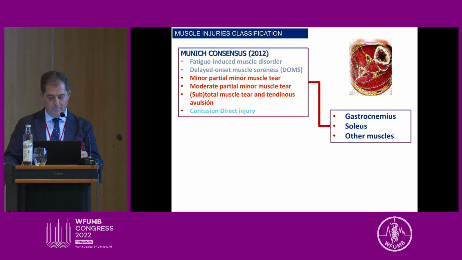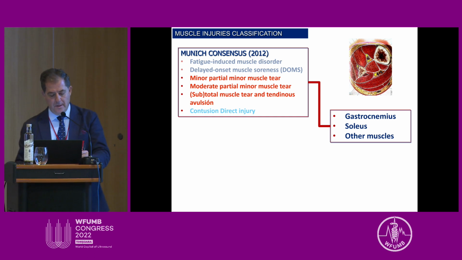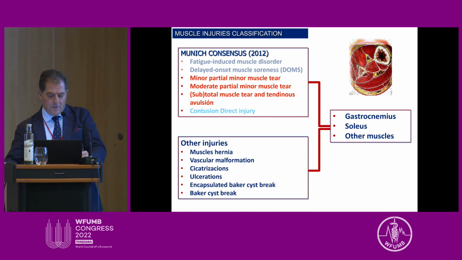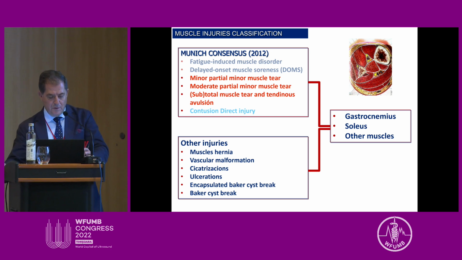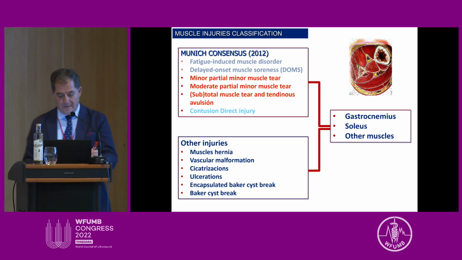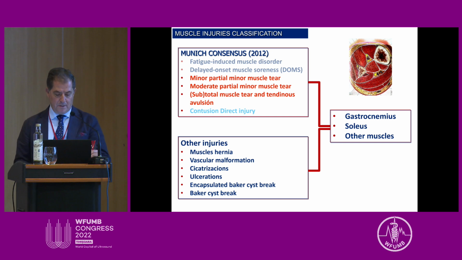But the moderate partial muscle tear and subtotal tear are easy. We can use the ultrasound device for this diagnosis. Other injuries affecting this area, for example hernias, vascular malformation, fibrosis or cicatrization, etc., the ultrasound is a very good tool.